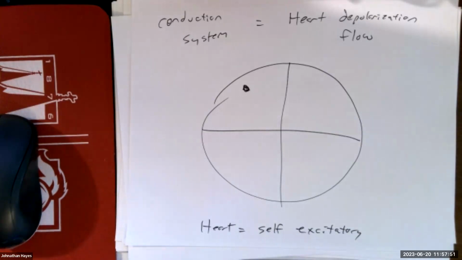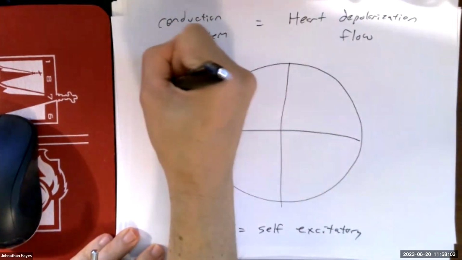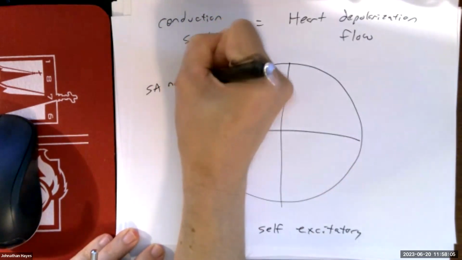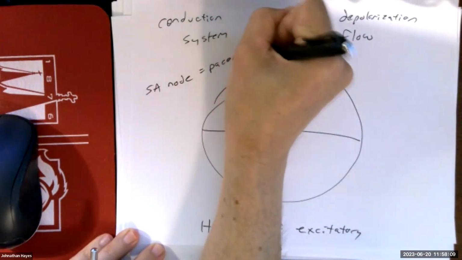And from that point, it's going to spread out from that. And in most people, the easiest part to depolarize, or the fastest portion to depolarize, is up here in the atria, called the SA node. Right. So that is usually most people's pacemaker of the heart, right? The SA node, we sometimes call the pacemaker.